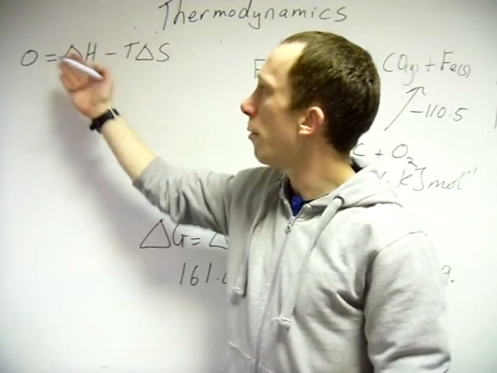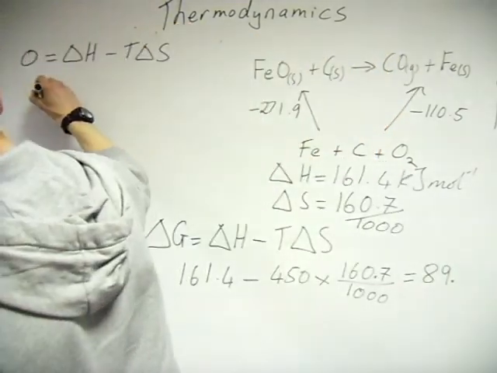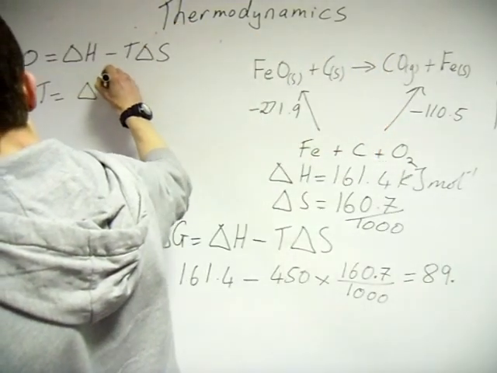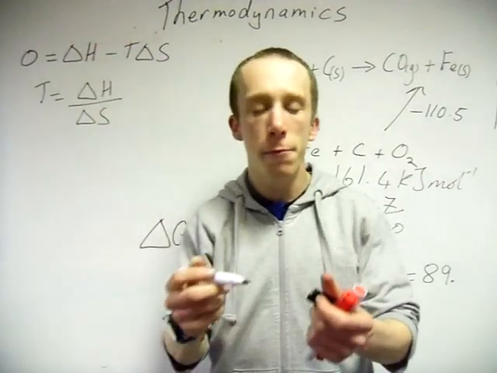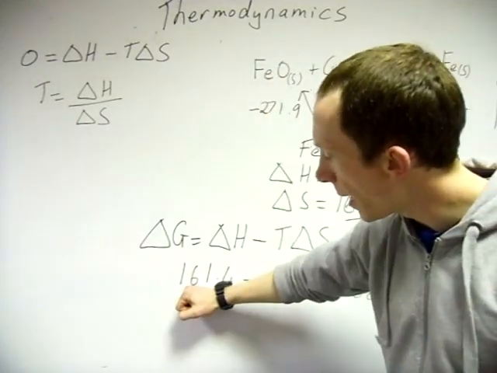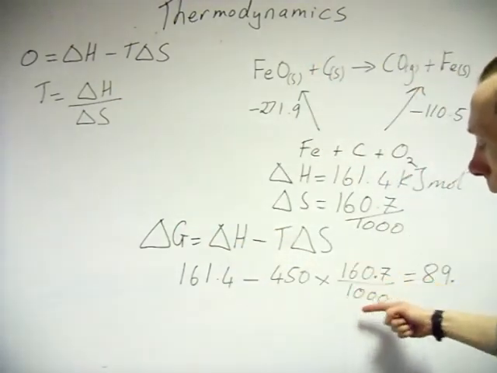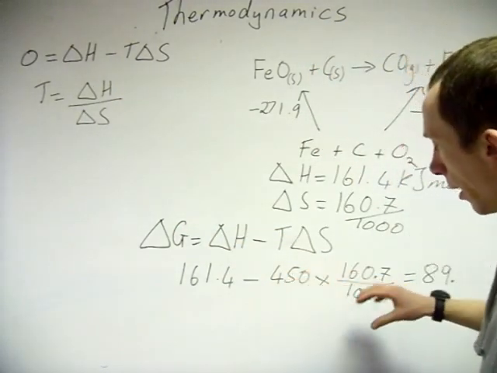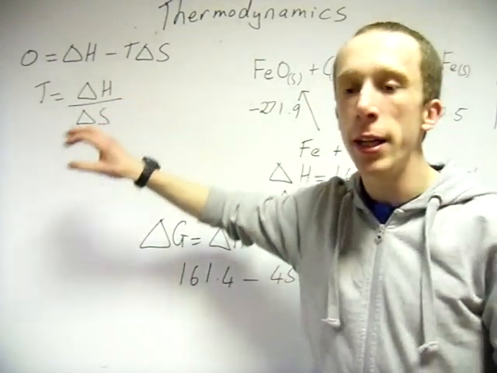Now if I rearrange this equation to make T the subject, then I've got that equation. So all I would do is my enthalpy change put in there, my entropy change here, remember kilojoules, so the 160.7 divided by 1,000 underneath.